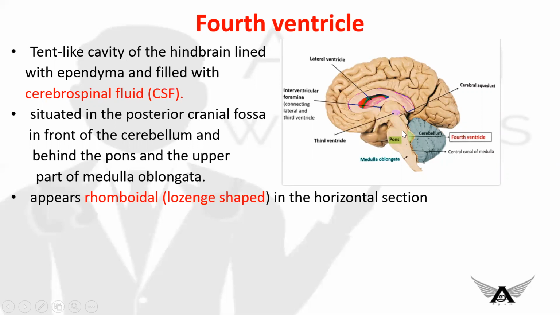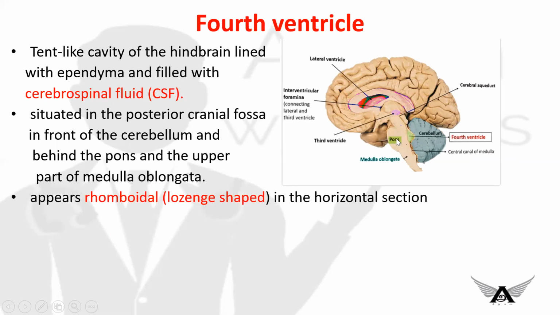We have the anterior cranial fossa and the posterior cranial fossa. The fourth ventricle is located in the posterior cranial fossa in front of the cerebellum. This bulb-like thing is the cerebellum. We'll have another class on the cerebellum, it is another big chapter. And it lies behind the pons and the upper part of the medulla oblongata. So behind the pons, in front of the cerebellum.